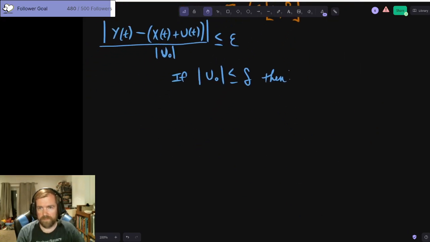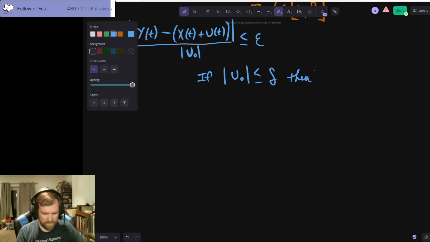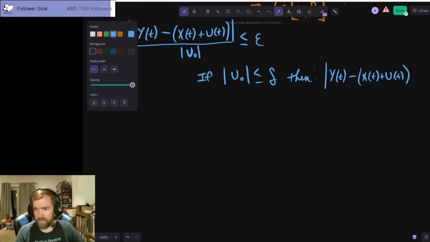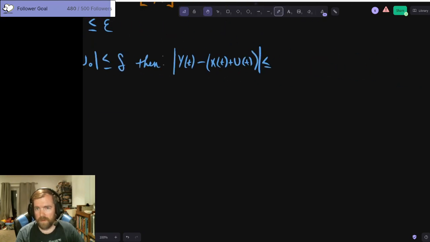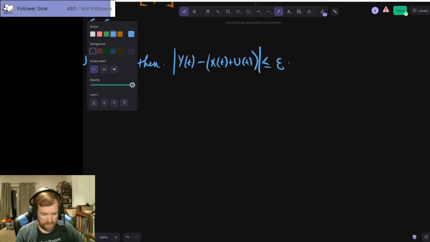Then we're going to have the distance between our y and the other stuff less than or equal to epsilon times the absolute value of u0. And that's going to work for all t within the acceptable interval.